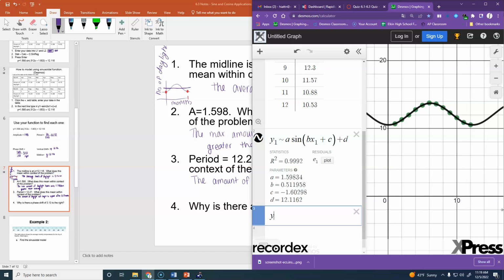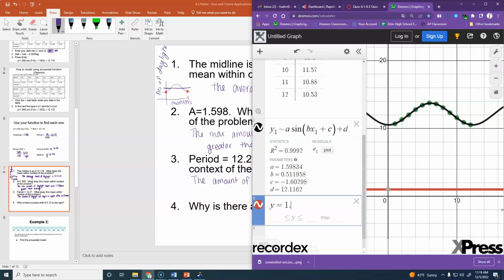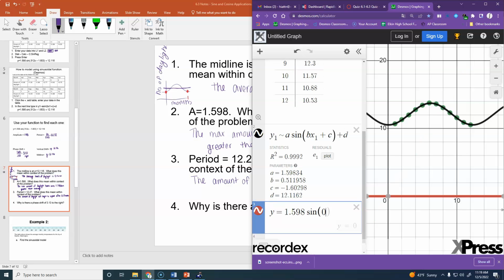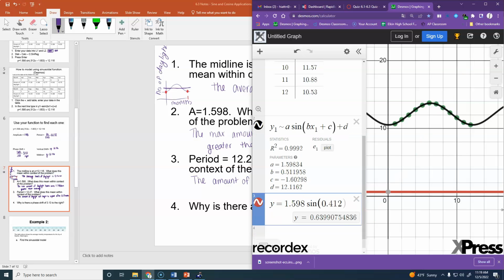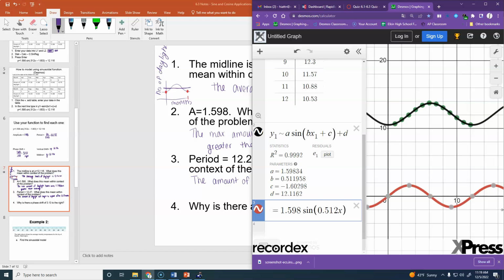Let's pretend, I'm going to type this in: 1.598 sine of 0.512 x plus 12.116. So I typed this in without the C, which means it would be this graph without a phase shift. What's the issue?